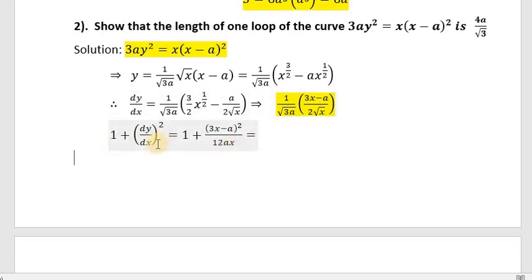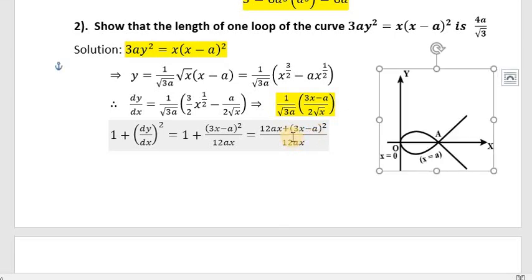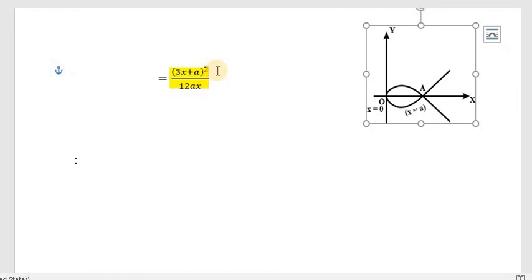So 1 plus dy by dx whole square is equal to 1 plus 3x minus a whole square by 12ax. Further, by taking LCM and simplifying, we get 12ax plus 3x minus a whole square by 12ax, that is equal to 3x plus a whole square by 12ax. This is the value of 1 plus dy by dx whole square.